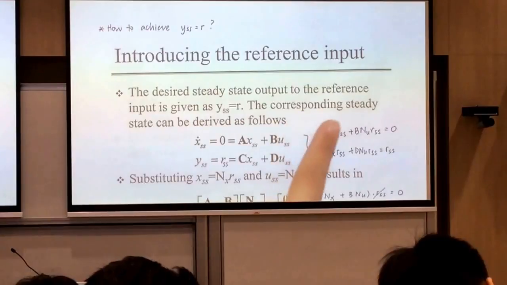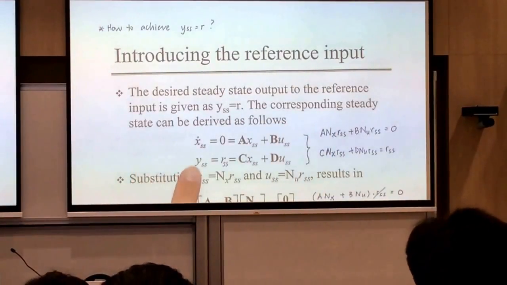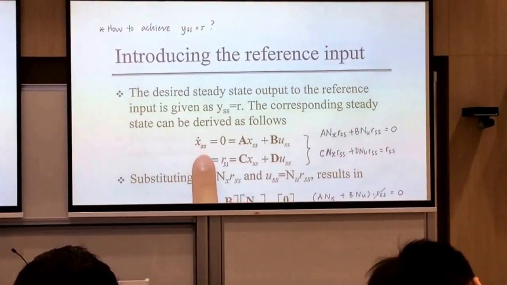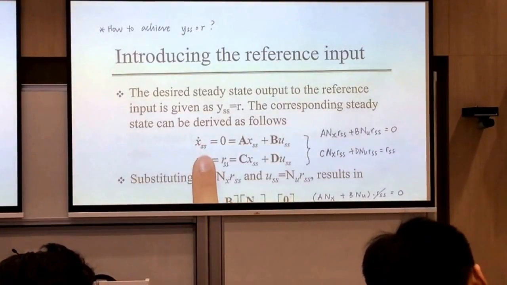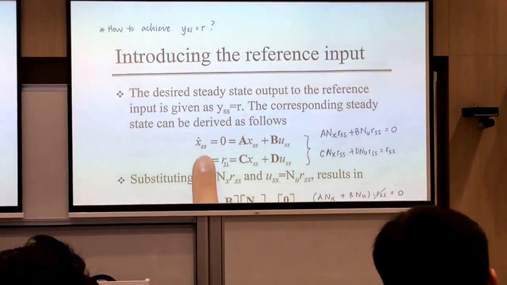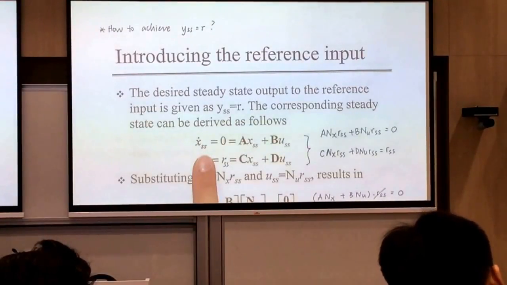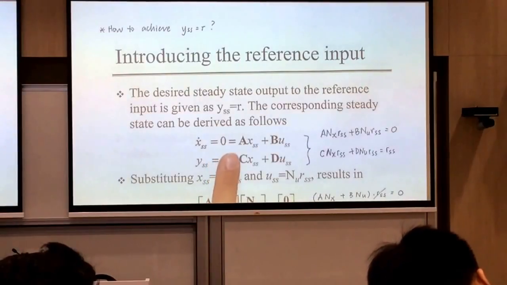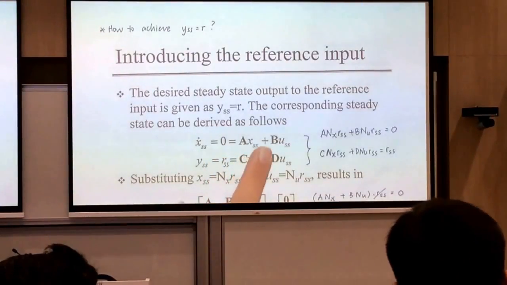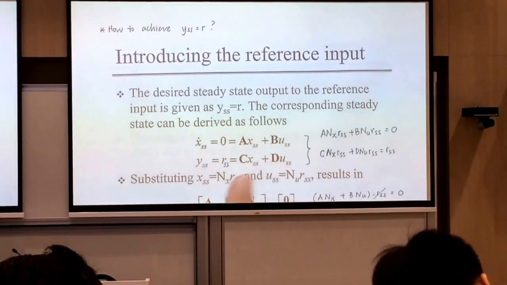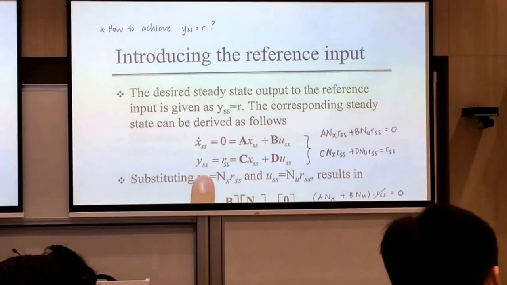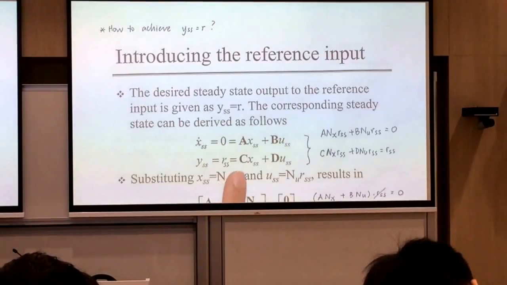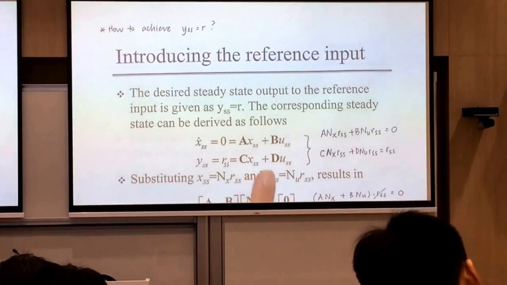Remember x dot is x dot SS. At steady state, the rate of change of your states should be 0. So 0 equals AX_SS plus BU_SS. Steady state output Y_SS, you want it to be R_SS, which is CX_SS plus DU_SS.